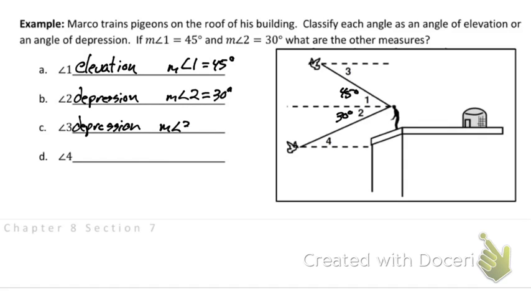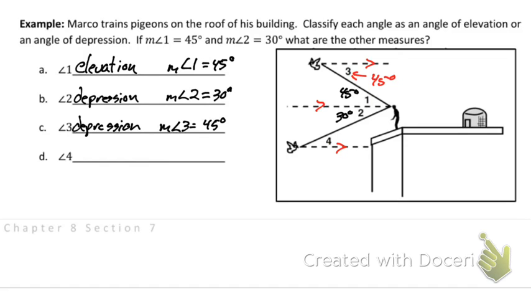So we have measure of angle 3 equals, Jacob. 45 degrees. Make sure if you're working ahead, you stay with us because I still can ask you questions. So all of these lines are actually parallel. So alternate interior angles would tell me that this angle 3 is also 45 degrees.